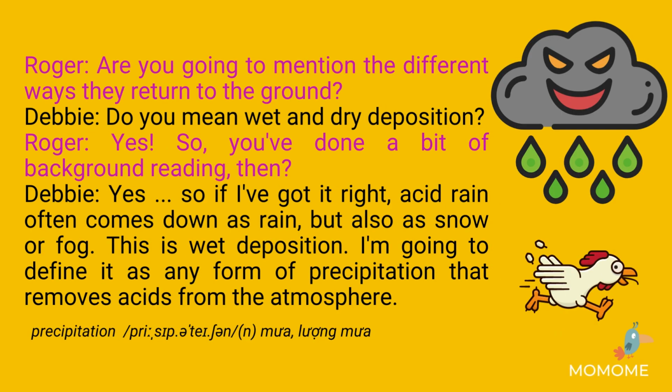Are you going to mention the different ways they return to the ground? Do you mean wet and dry deposition? Yes. So, you've done a bit of background reading then. Yes. So, if I've got it right, acid rain often comes down as rain, but also as snow or fog. This is wet deposition. I'm going to define it as any form of precipitation that removes acids from the atmosphere.